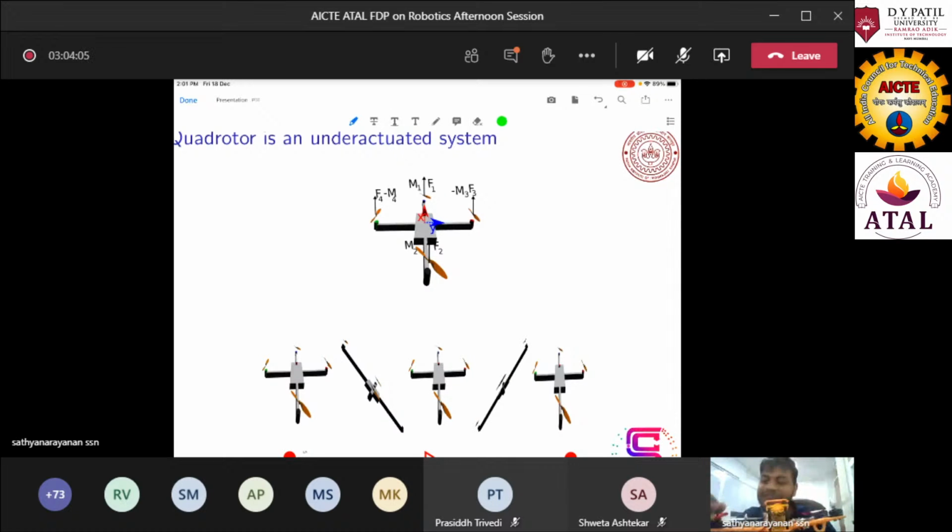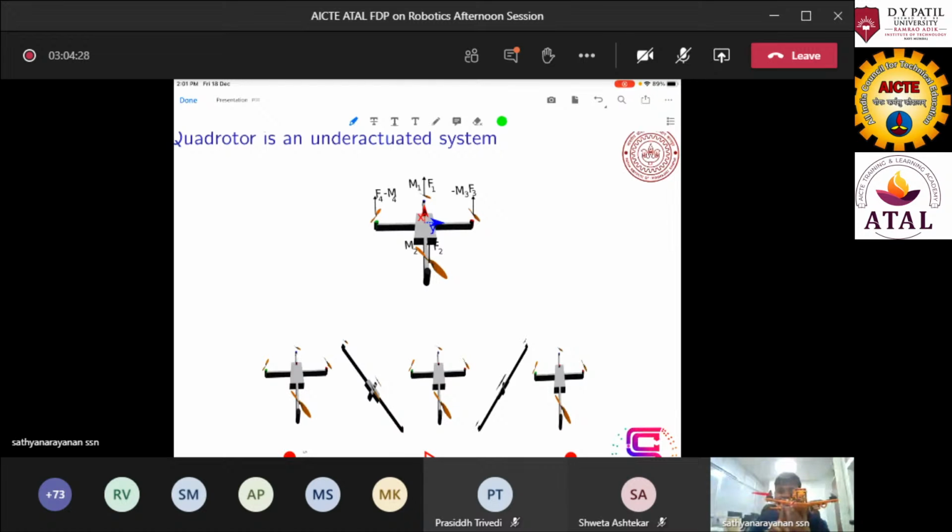So I'm just opening this. What does it do? You have x and y. Let's say this is the x-axis and this is the y-axis, and if you want to move along the y-axis with this orientation, you can't move.